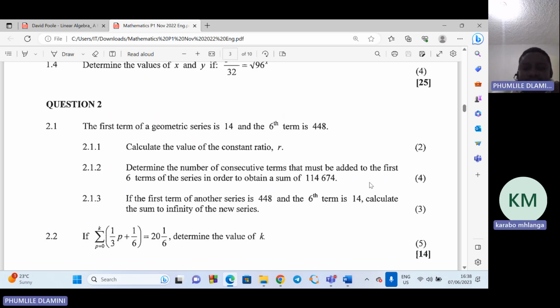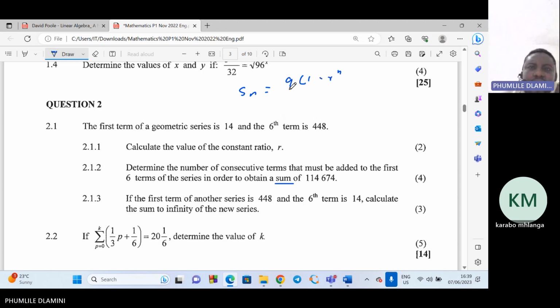Now this question can sound tricky when you read it, but the moment you see the sum, you must remember that when you work with a sum, you are going to work with Sn equals a in brackets 1 minus r to the power n over 1 minus r.